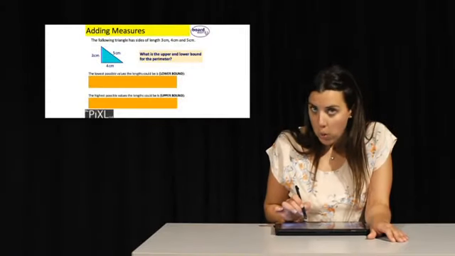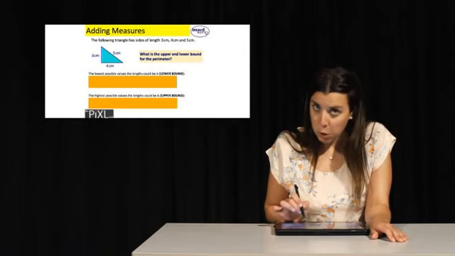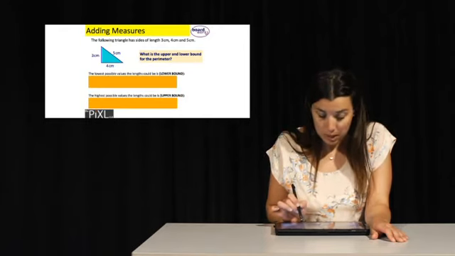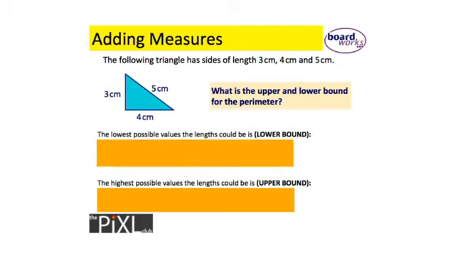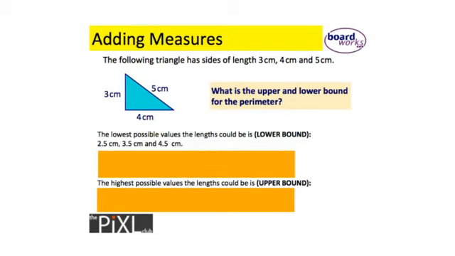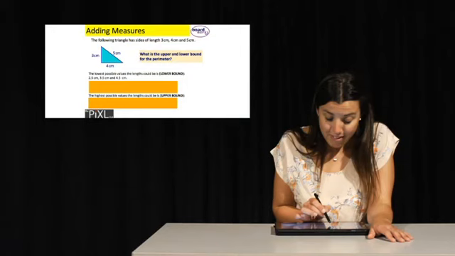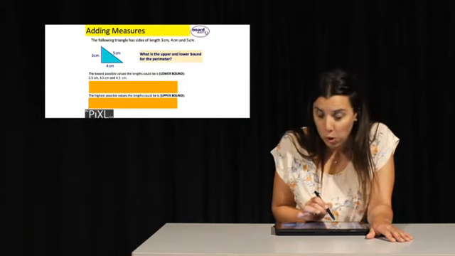If we're finding the lower bound, we're looking for the lowest possible value each one of the lengths could be. They are rounded here to the nearest centimetre. So for the lower bounds, you're going to have for 3, 2.5, for 4, 3.5, and for 5, 4.5. They are all the lower bounds of each one of the lengths.